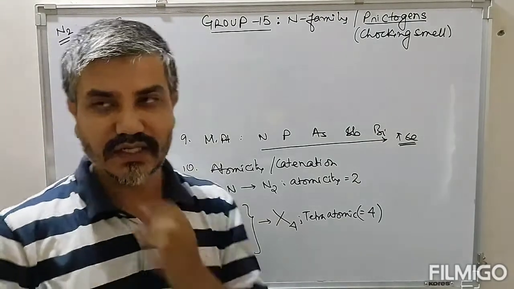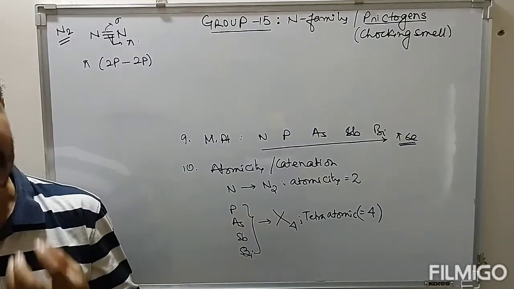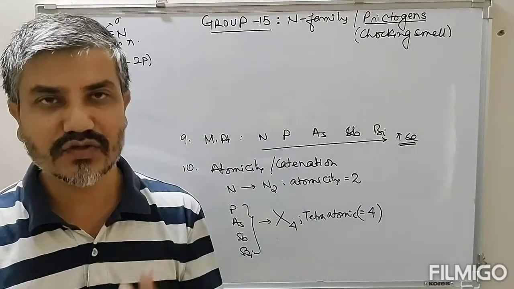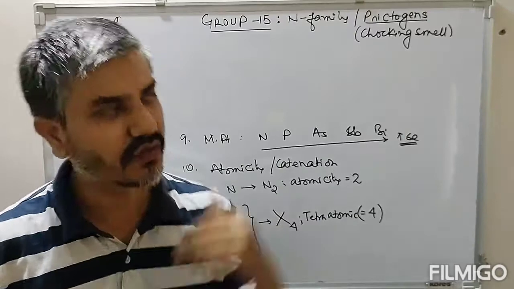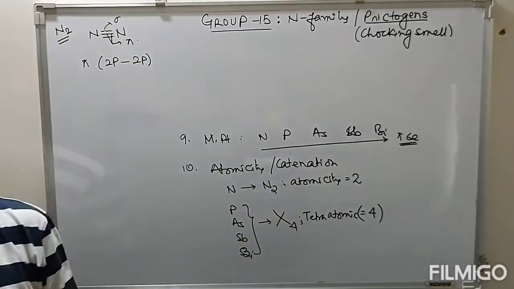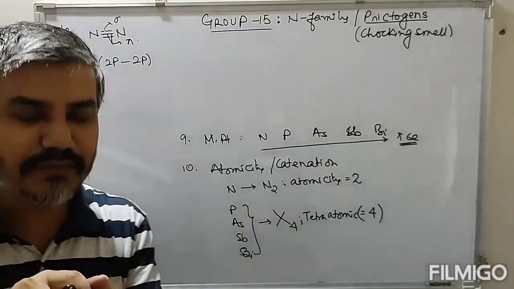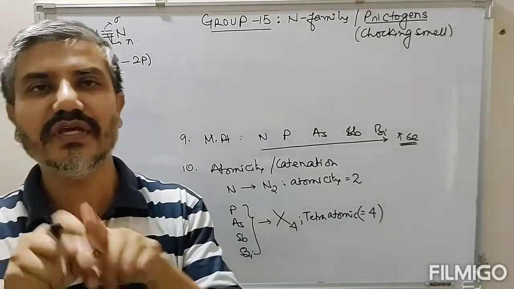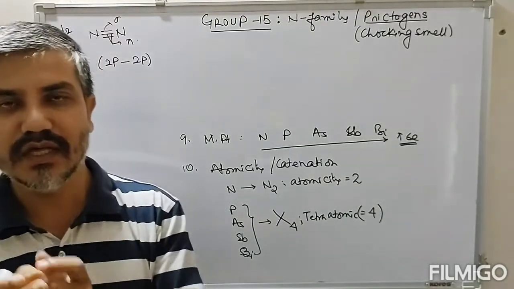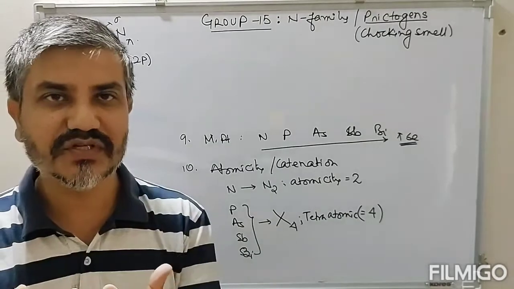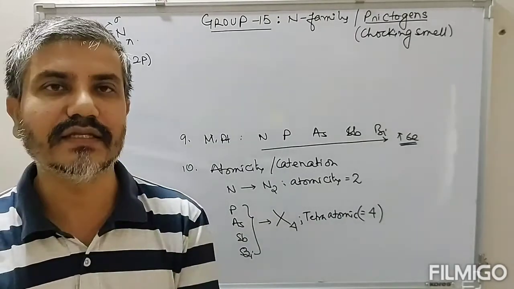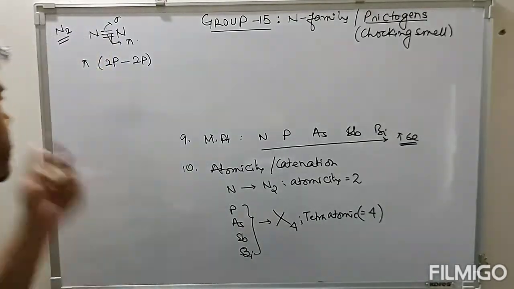As I told you, nitrogen being the smallest in size, the size of 2p is also the smallest of all the group elements. So the overlapping between 2p and 2p is the maximum, and the pi bond formation is the most prominent and the strongest.